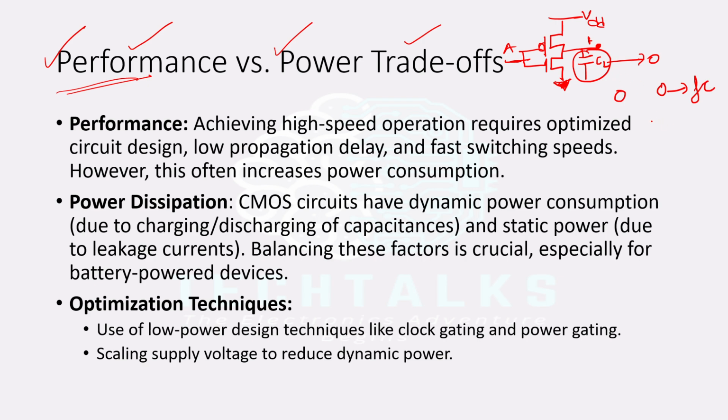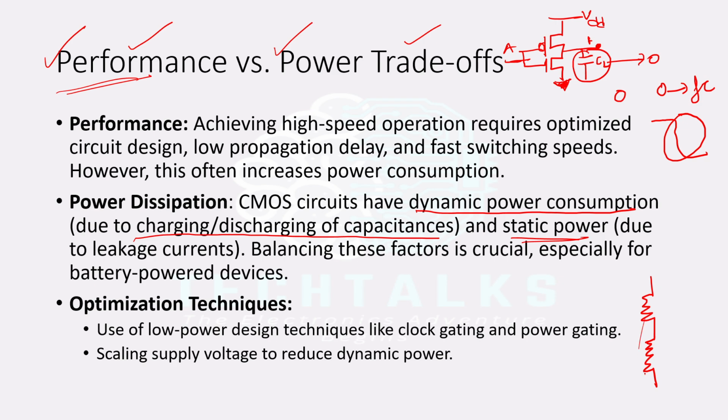So during this transition from 0 to 1 or 1 to 0, the capacitor charging and discharging will require more power. So this will lead to dynamic power consumption of the CMOS during the charging and discharging of the capacitances. And static power consumption is, as I mentioned earlier, these are nothing but RD.